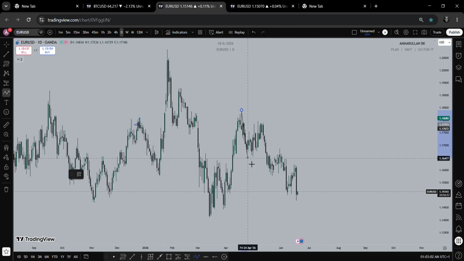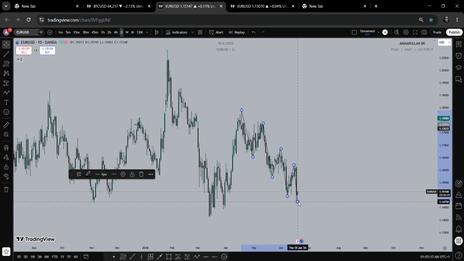Right, as you can see, it turned to a downtrend now. So whenever we are doing analysis, or whenever we are trying to take a trade, what I normally do is always check the structure of the market. What is the higher time frame structure of the market?